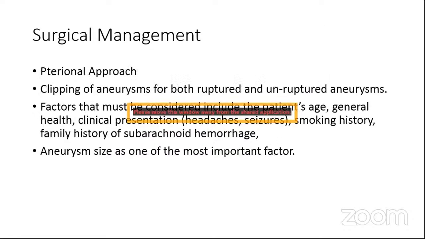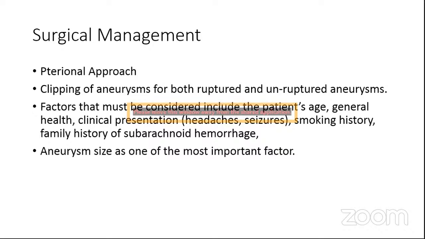If we go for surgical management, the most common approach is the pterional approach, and clipping is done for both ruptured and unruptured aneurysms. The factors included are the patient's age, general health, clinical presentation, smoking history, all the pre-op workup before fitness, the size of the aneurysm, and what size of clip would be applied.